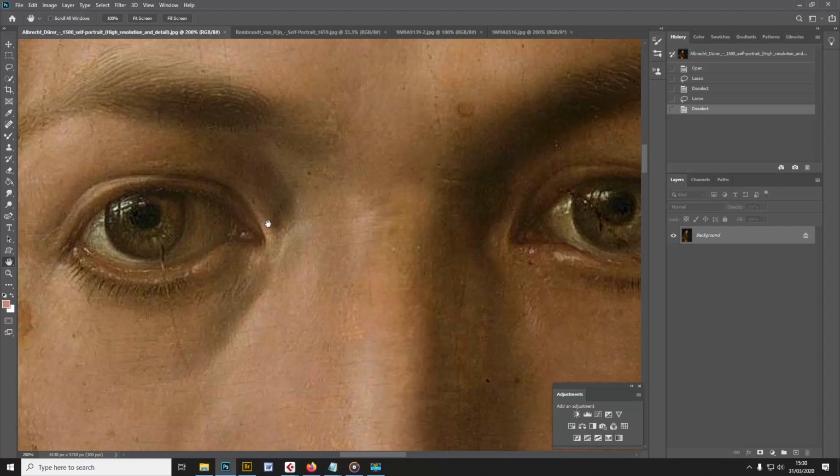And of course, the other question which we want to ask ourselves is, well, how did he do it? How did he observe this level of detail in the eye?